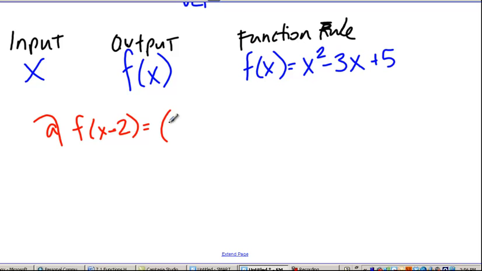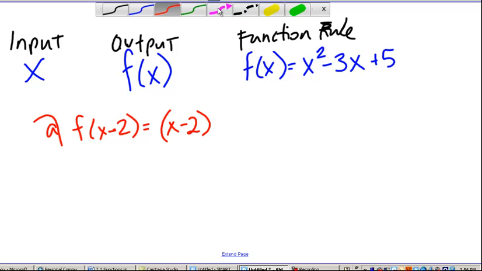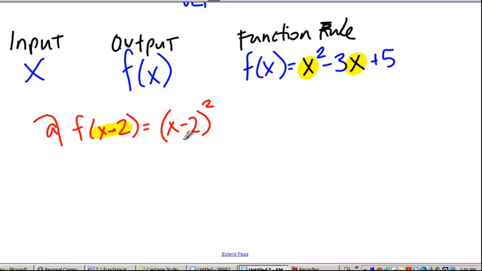So x minus 2 is our new x value. You have to substitute it in each time you see x. So we have (x minus 2) squared minus 3 times (x minus 2) plus 5.